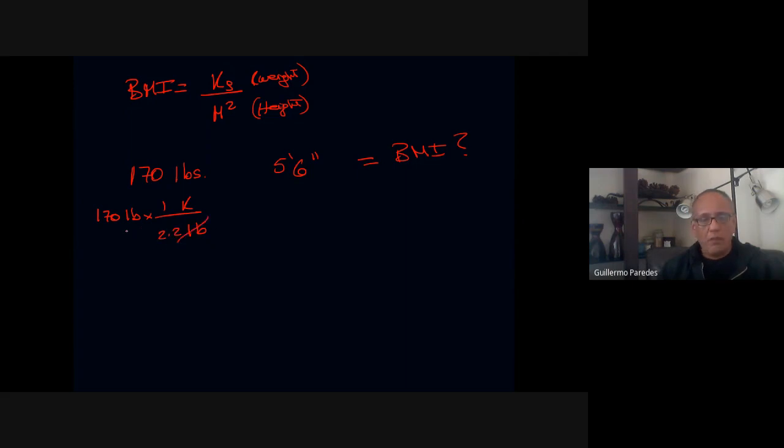So pounds and pounds goodbye, and 170 divided by 2.2 is 77.2 kilograms. Okay? So I already know one.